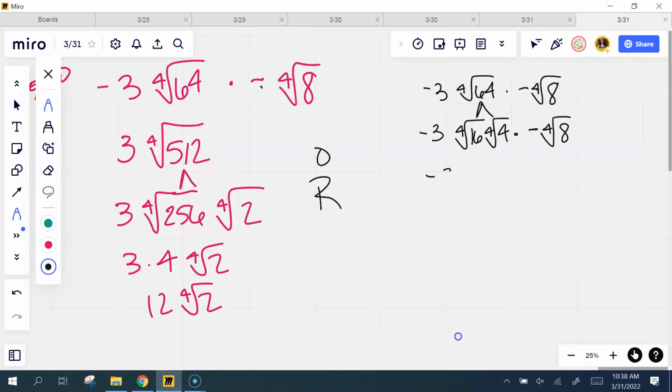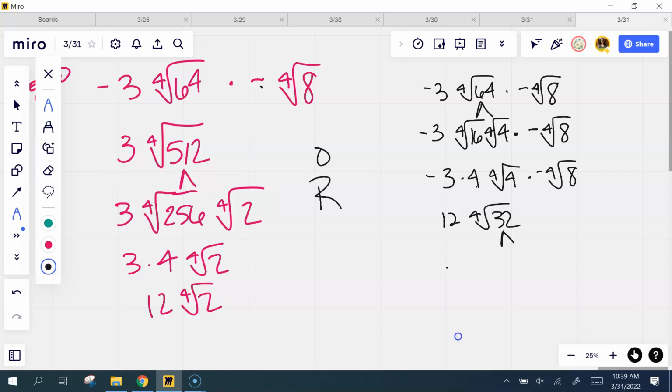And so then I have negative 3 times 4 times the fourth root of 4 times negative fourth root of 8. And now I could combine them. So 12 and then the two negatives. It just makes it a little bit easier to work with. Your numbers aren't as big under the radical if you do it this way.